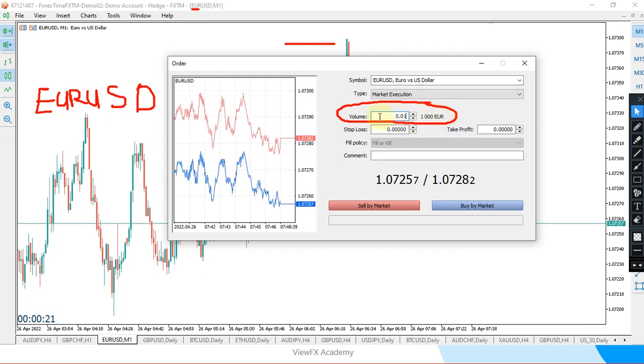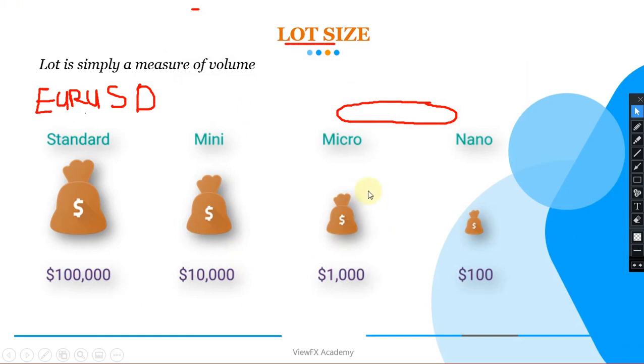So this is what we mean by those things we have here. So from that, we saw that standard lot is 1.00. Whenever I want to place a trade and I choose a volume of 1.00, it means I'm buying 100,000 worth of whatever currency pair I'm trading.